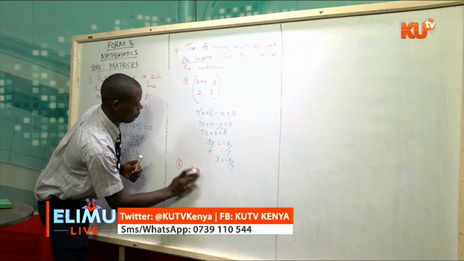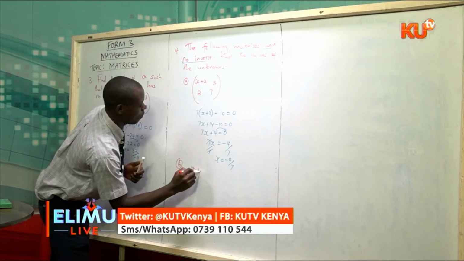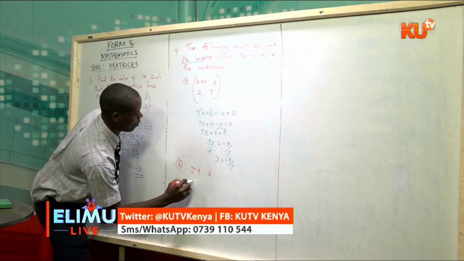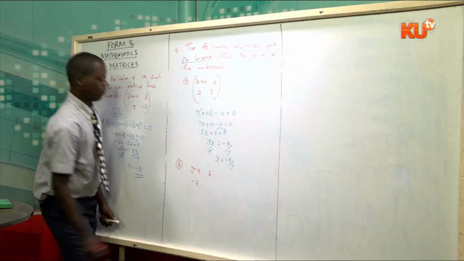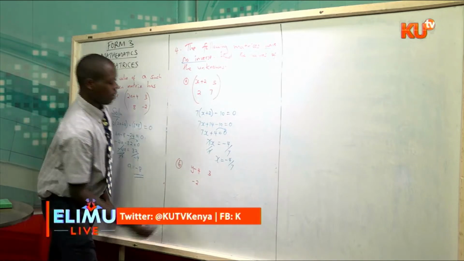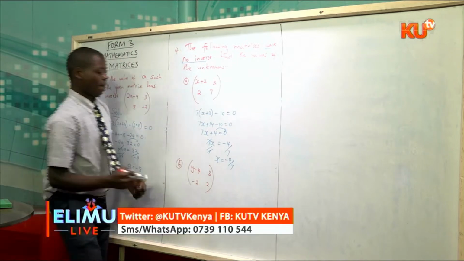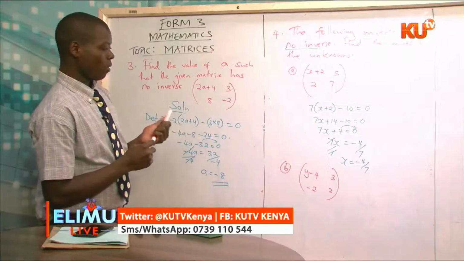Let's use negative y minus 4, and then we have 3 with negative 2, and then we have 2 at this point. So we get the value for y.